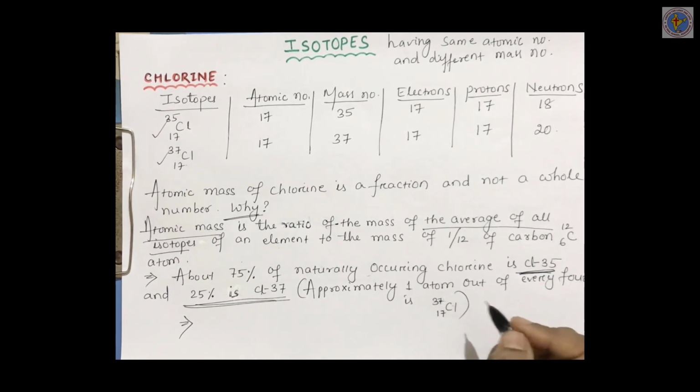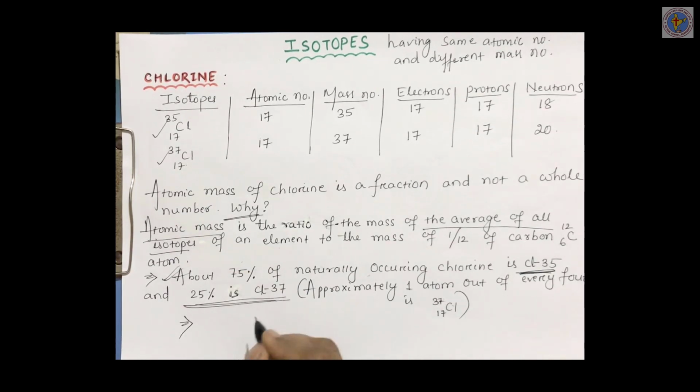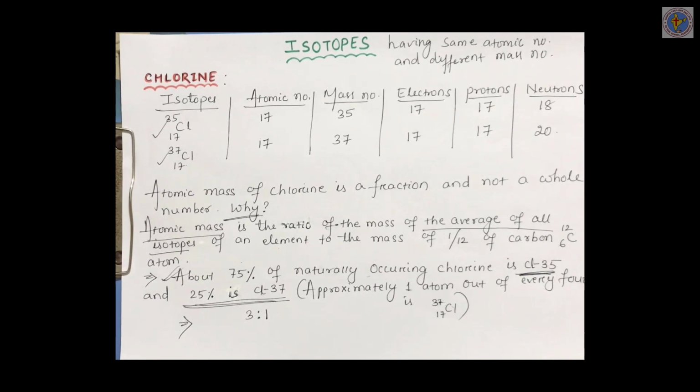That means from here we can learn that it can exist in ratio 3:1. That means 3 atoms of chlorine 35 and 1 atom of chlorine 37.